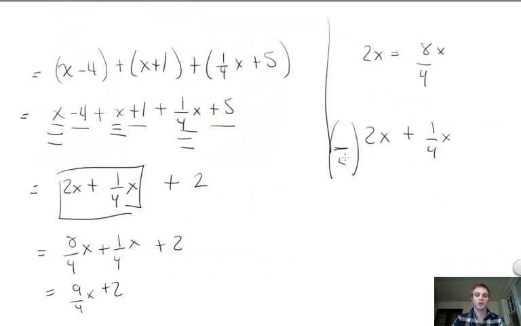So I'm going to choose a representation of 1, which is 4 divided by 4, and I'm going to multiply that here. 4 divided by 4 is 1, so I can always multiply that. It doesn't change this, it's just going to change how it looks. So when we multiply across, we're going to get 8x over 4 plus 1/4 x. That's what we did to get to here. And you just add the numerators for fractions.